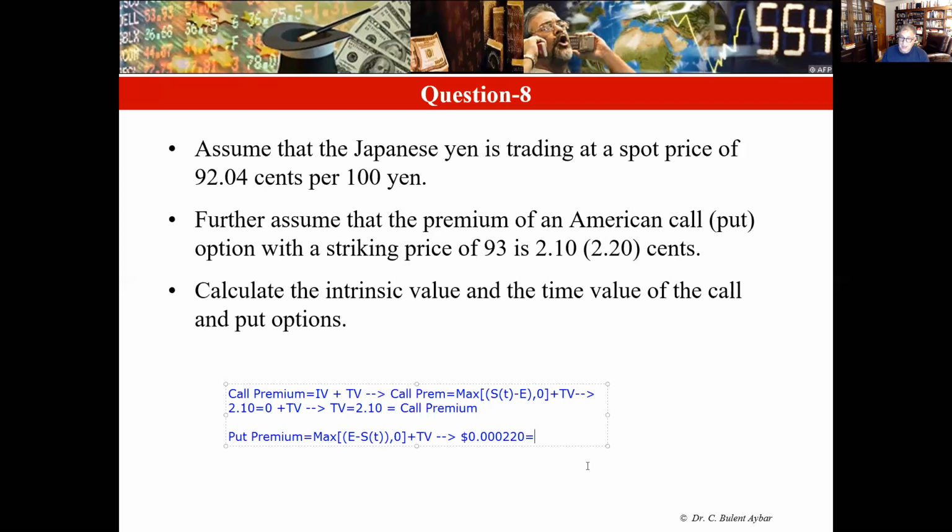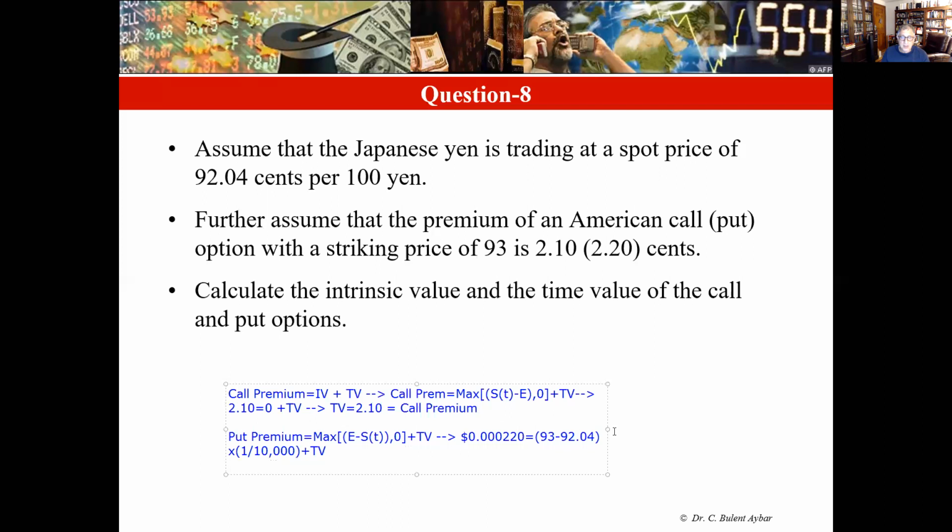In this case, E minus ST, which is 93 minus 92.04. Remember, this is 1/10,000th of a dollar, right? Plus time value.